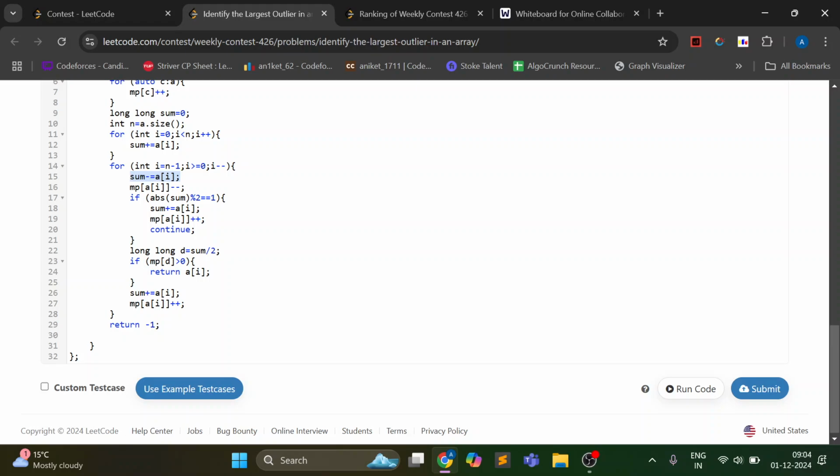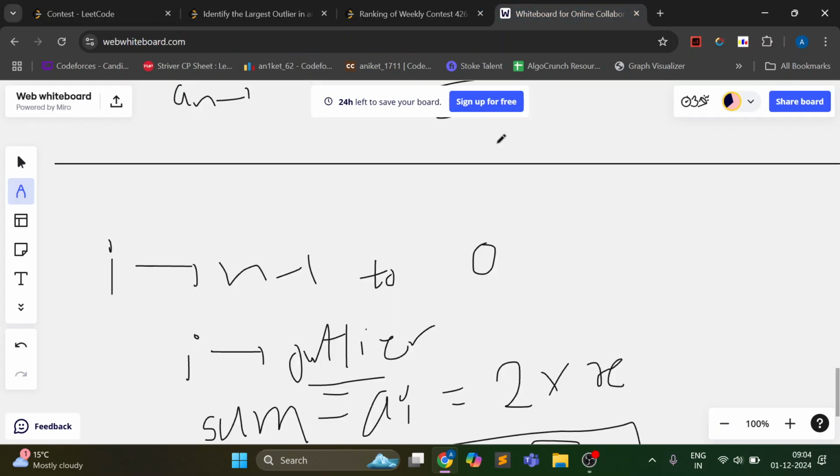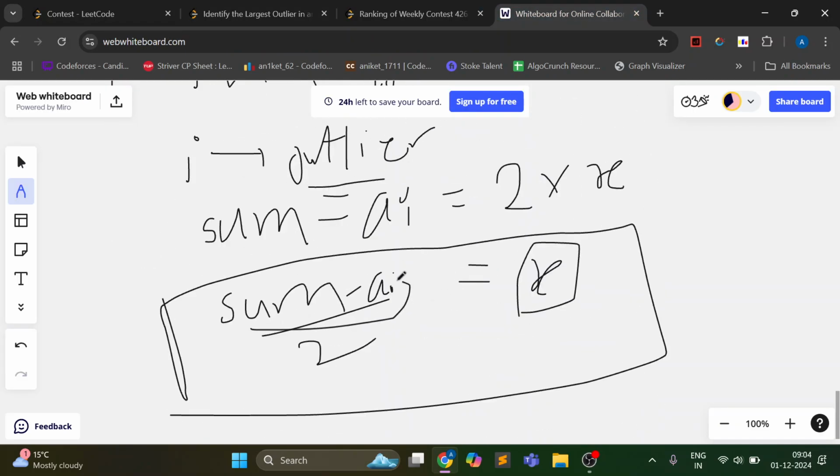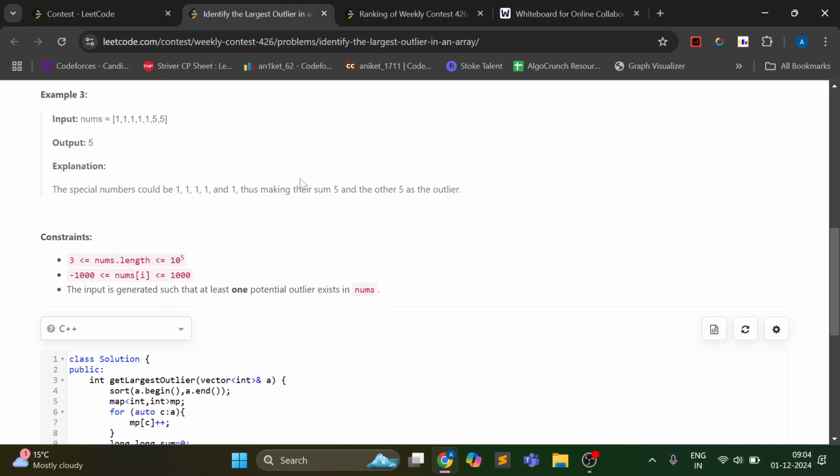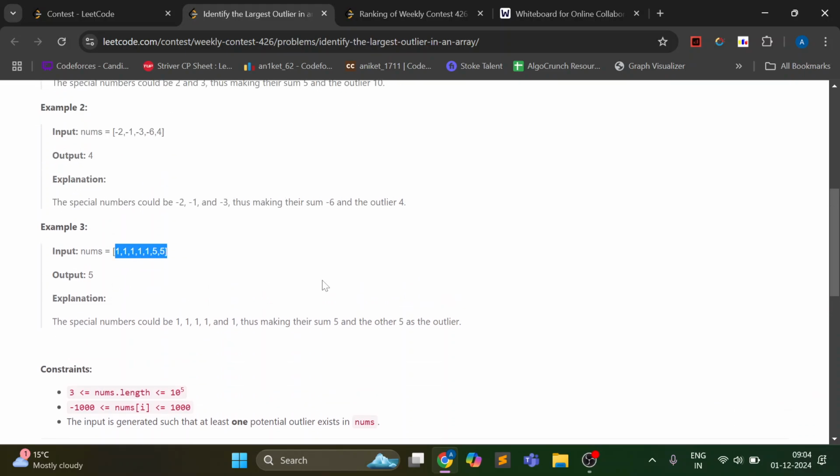Now, if I consider the ith element to be outlier, the sum of all other elements would be sum minus a of i. I will also decrement the occurrence of the outlier. Now I will check if the absolute of that sum mod 2 is 1. If this sum itself is odd, then divided by 2 it would not match with x because all the elements here are integers.